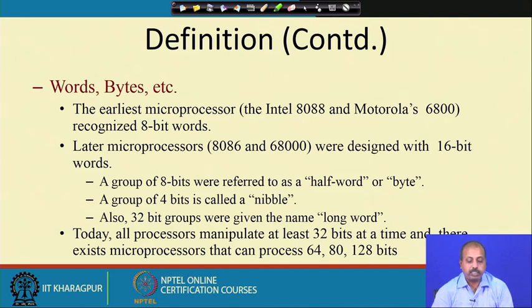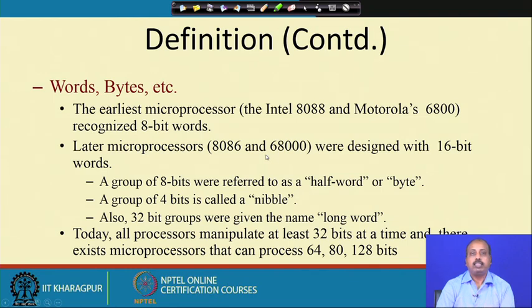Processors like the 8086 and 68000 were designed with a 16-bit word. Now, there is a small thing to notice here: the Intel 8086 and the 8088. Why is the 8088, coming later as the name suggests, 8-bit while the 8086 is 16-bit?